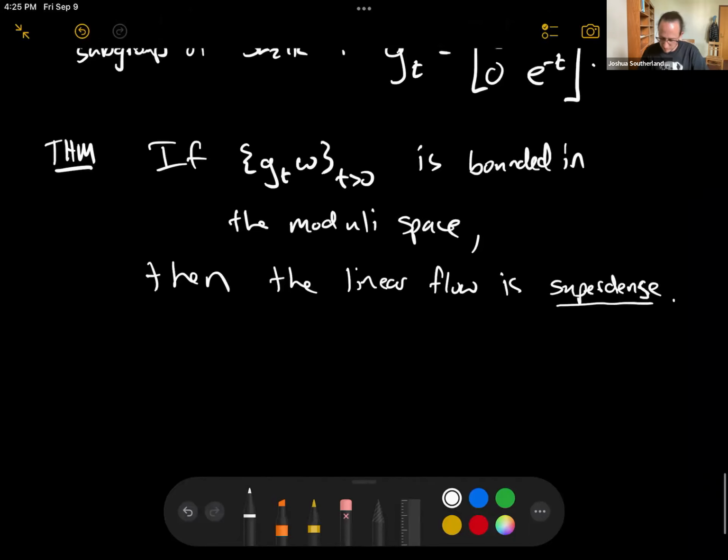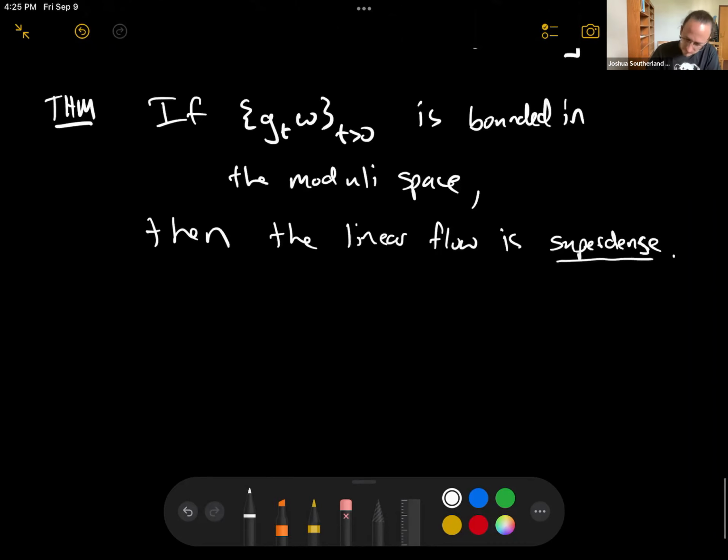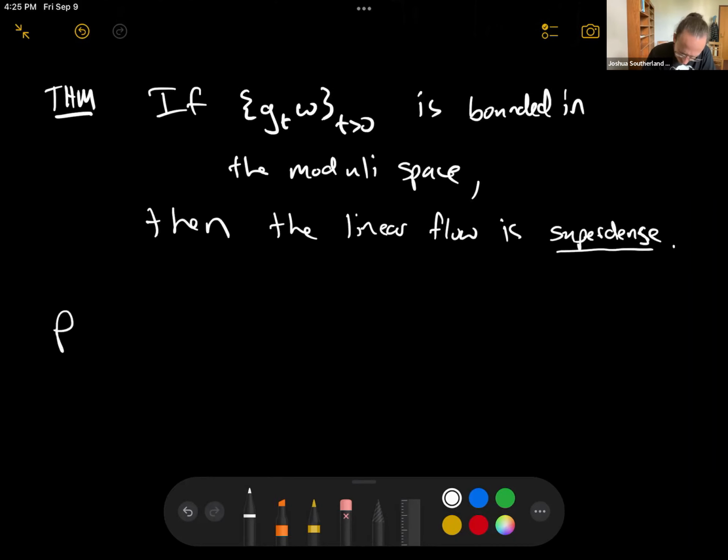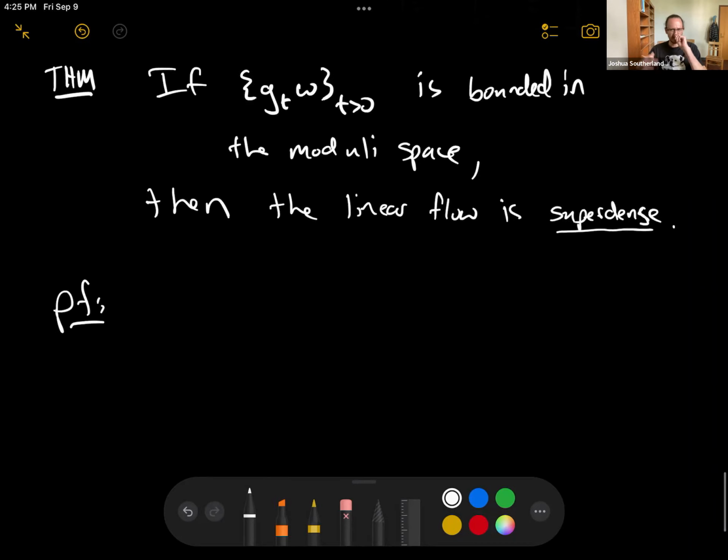Okay, let me prove this. The proof technique is using a kind of renormalization.